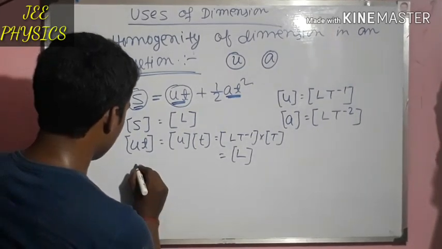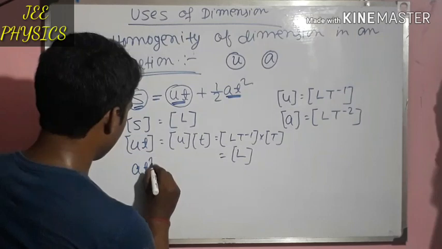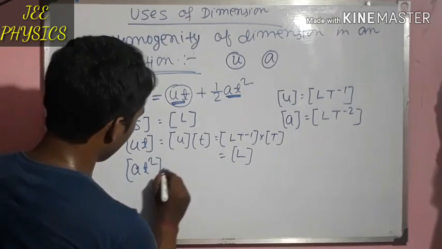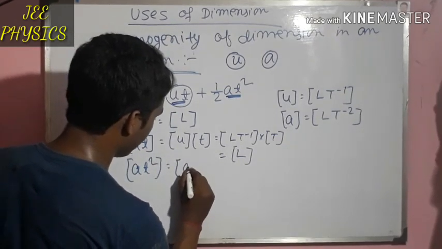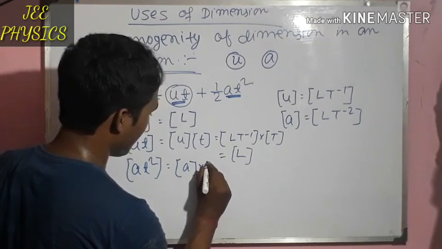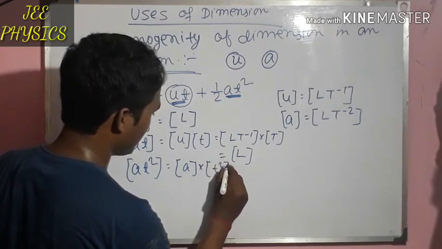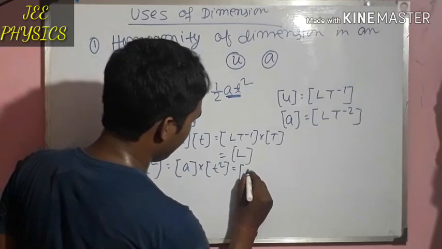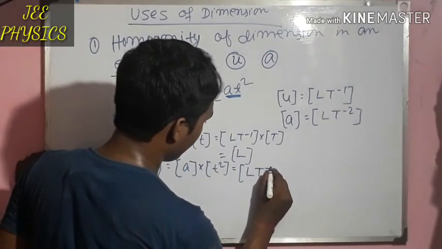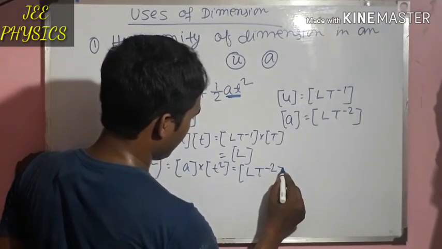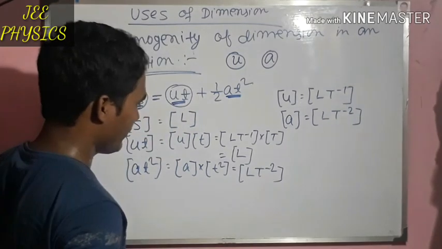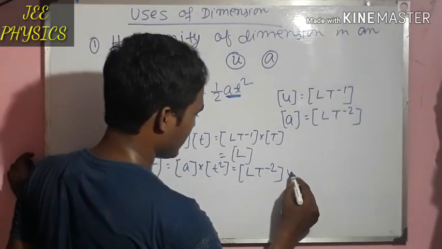Now the dimension of at square. The dimension of at square is equal to the dimension of a into the dimension of t square. The dimension of a is L t minus 2. All of this I got in my previous video, you can watch it.